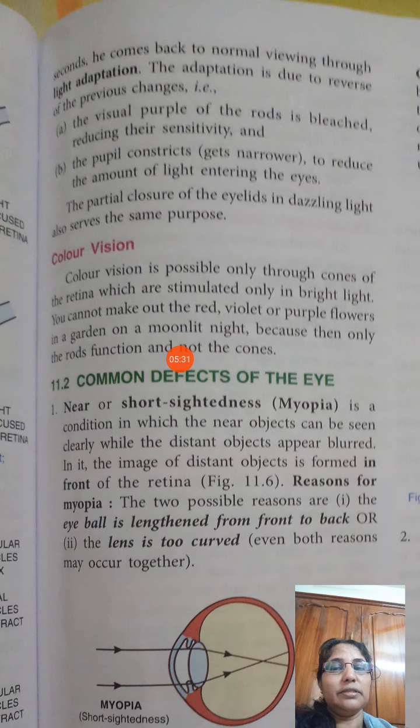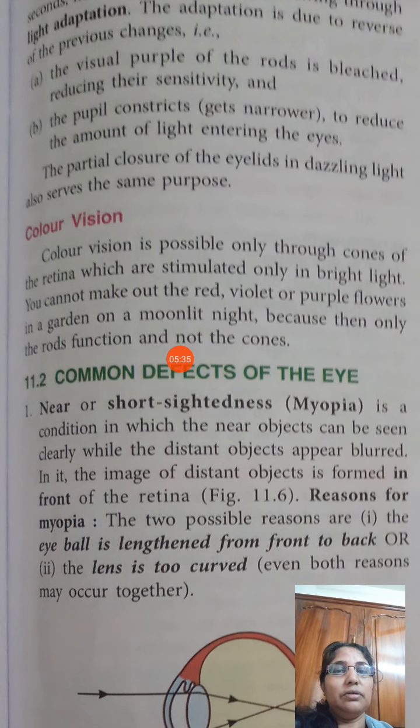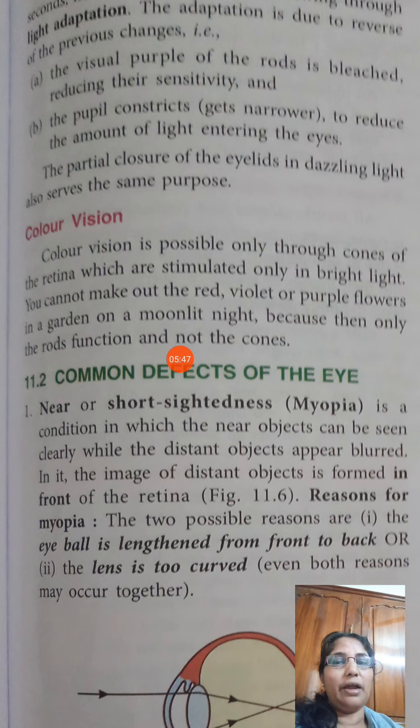Then again, the color vision. Cone cells help us to see color. You know that the rod cells help us to see in dim light, and cone cells help us to see objects in color.